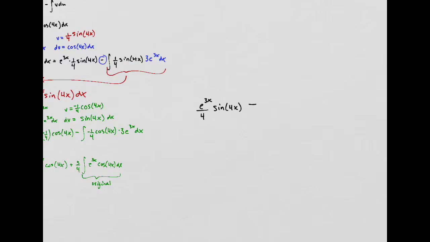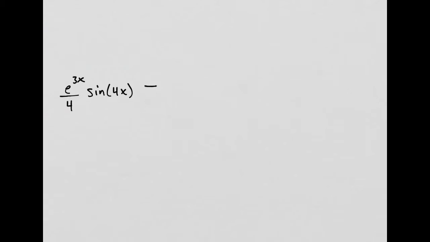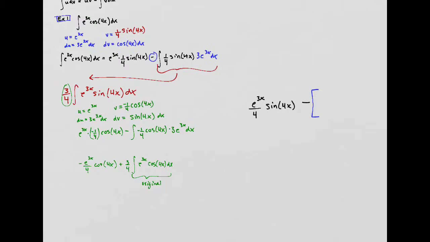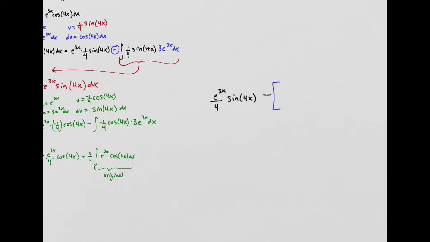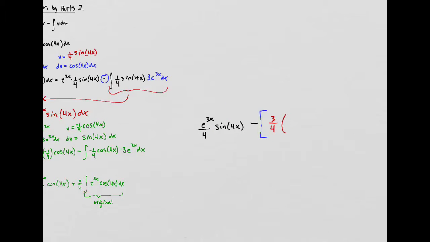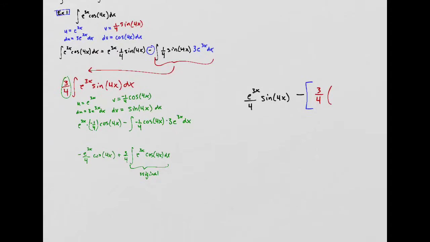So minus, and I put a circle around it. So I already know I'm going to have to distribute that negative. And I also put a circle around the 3/4, so I guess I'll do that too. 3/4. And since I put a circle around it, I know I'm going to have to distribute that.